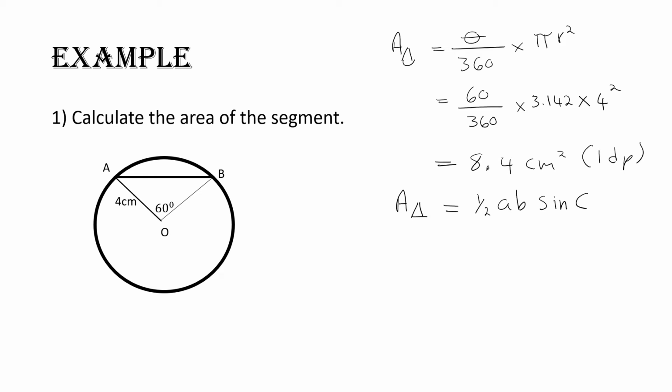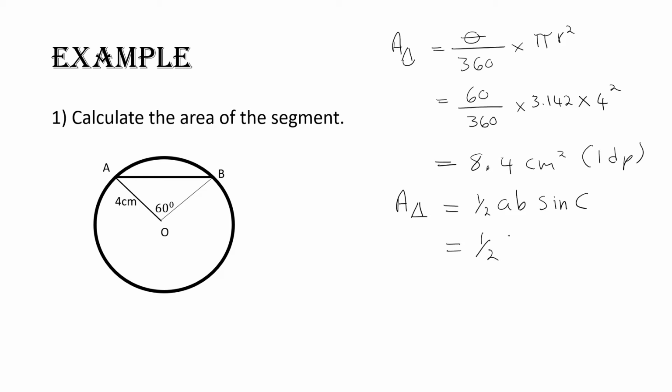Good. So to get the area of the triangle, I find half of AB, and in this case, the two sides that are equal will be my AB, because those are the two sides within the given angle.